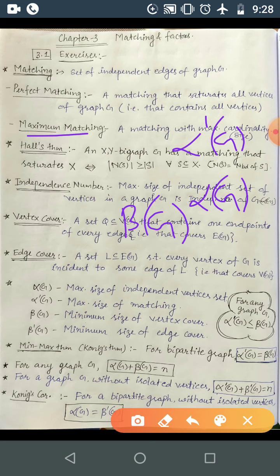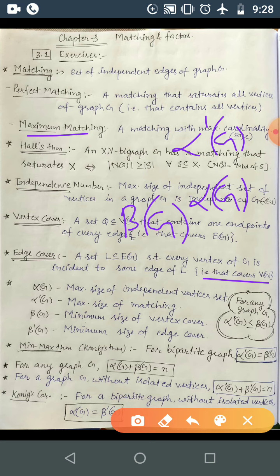Now come to edge cover. An edge cover is a set of edges L such that every vertex of G is incident to some edge of this set, that covers V(G). Same as we did in the vertex cover definition, an edge cover is a set of edges that covers all the vertices.